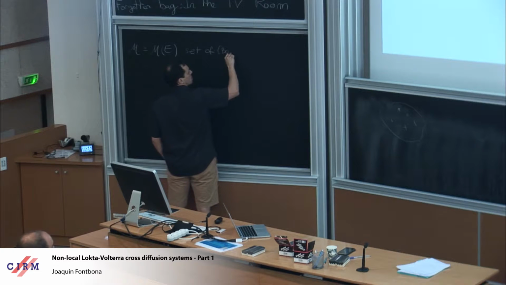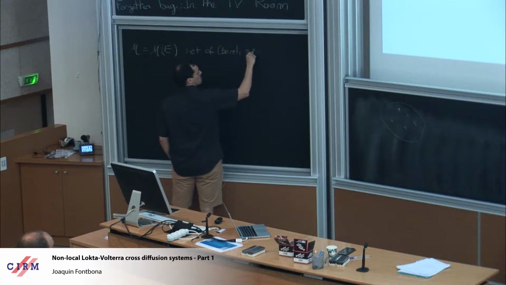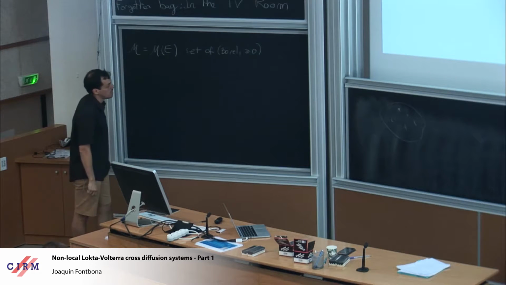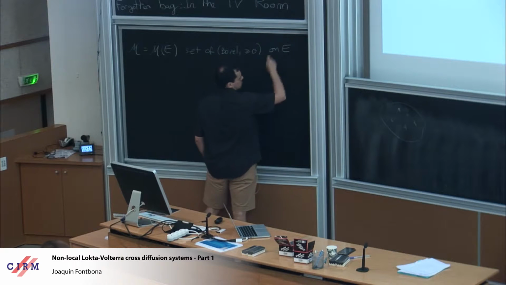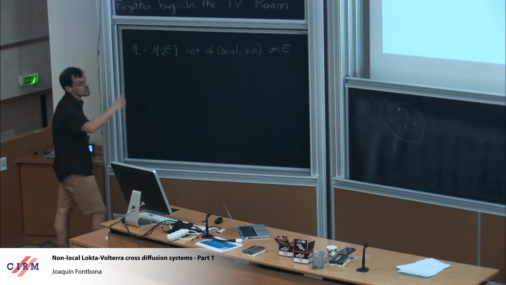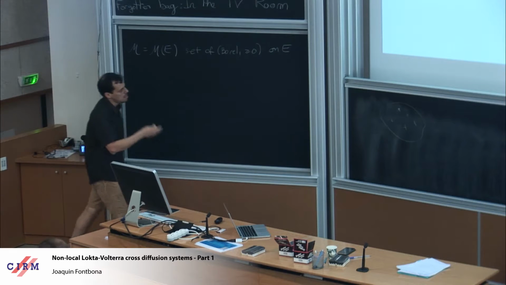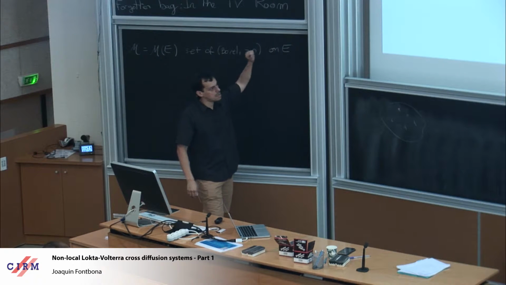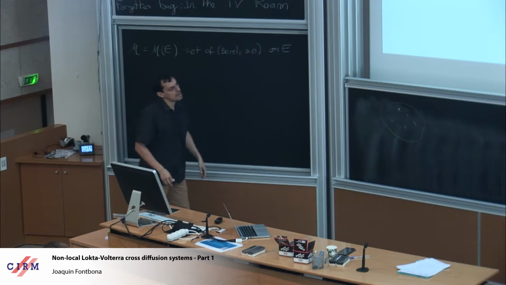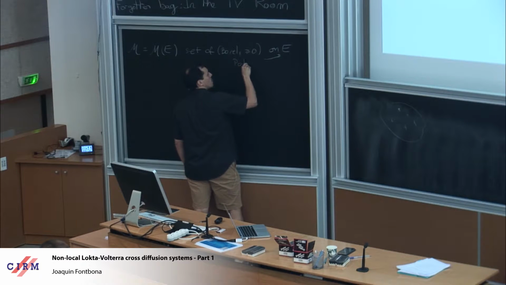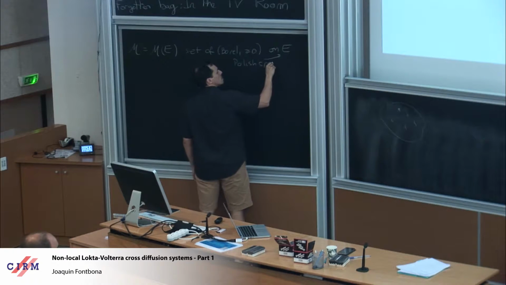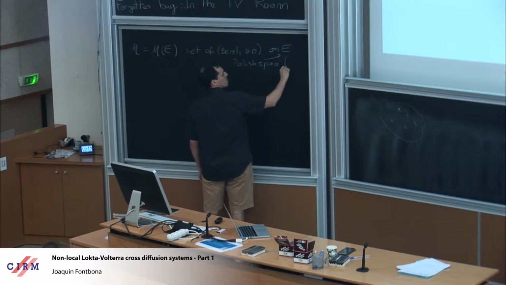They are Borel, and I will always be assuming that they are non-negative. And let's consider, in this particular case, we're going to deal with R^d, but all this theory and this point of view can also be applied in more general settings. So this E in particular can be a Polish space. Here you can think of R^d, which is the case at least for this part.